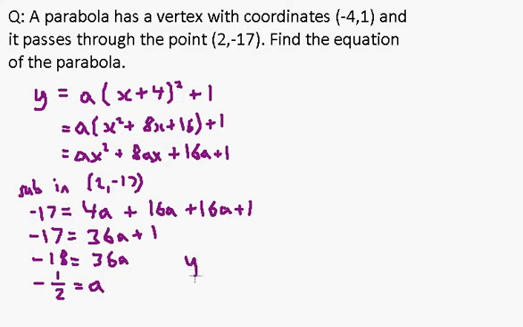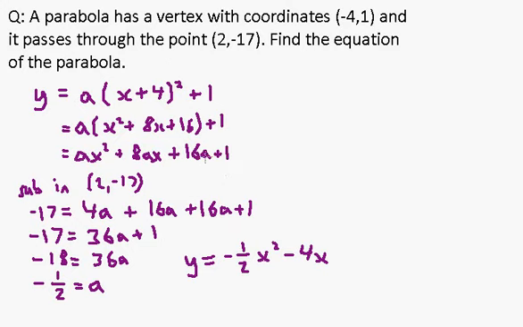So I can write my final equation as y is equal to, and this is just taking it from this format, a is minus a half, so I get minus a half x squared. 8 times minus a half is negative 4, so I get minus 4x.